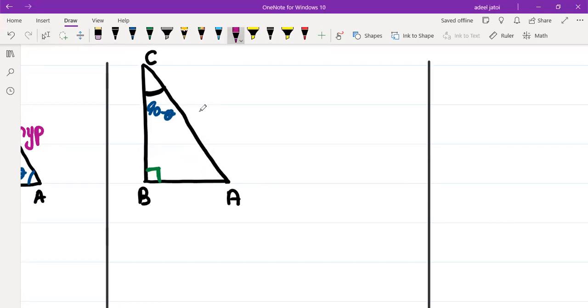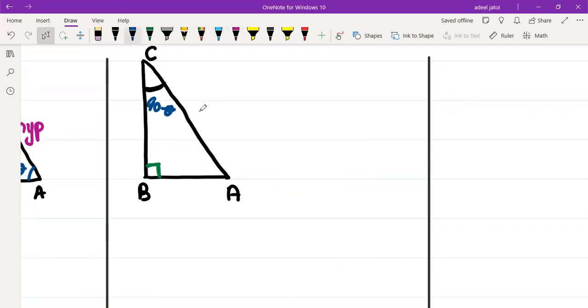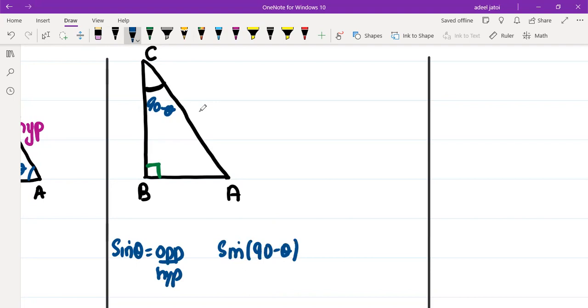So your sine theta is always opposite upon hypotenuse. In the place of theta, now you have sine 90 minus theta. Let's write down that this will be small c, this will be small b, and this should be small a.